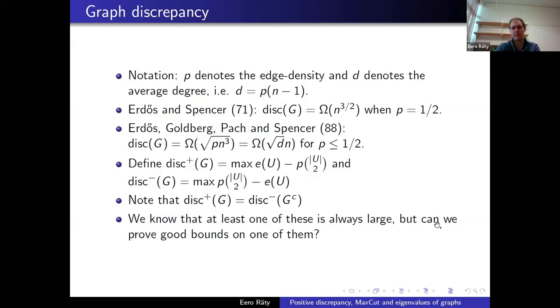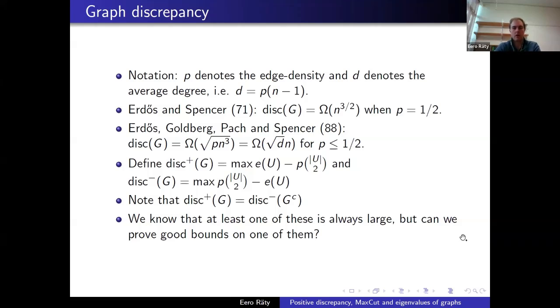Both of these are tight for random graphs, and as we will soon see, this root d factor is closely related to the fact that for certain sparse graphs, you expect the eigenvalues to be of that magnitude, or at least.